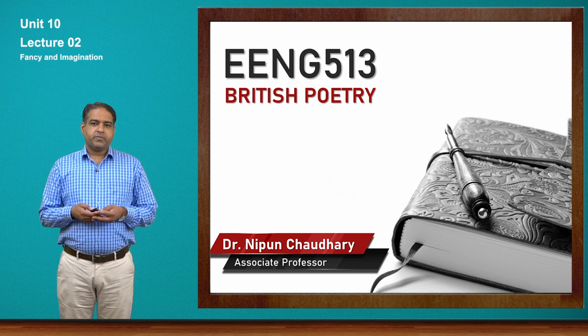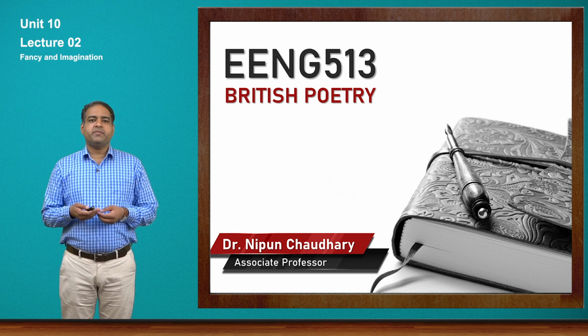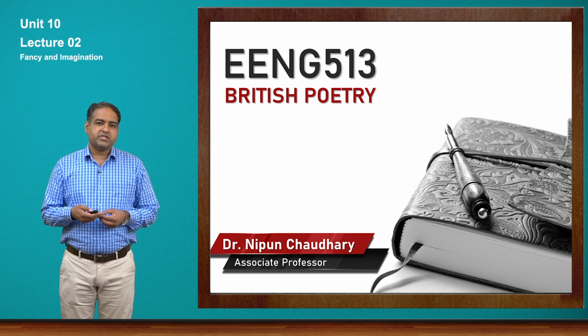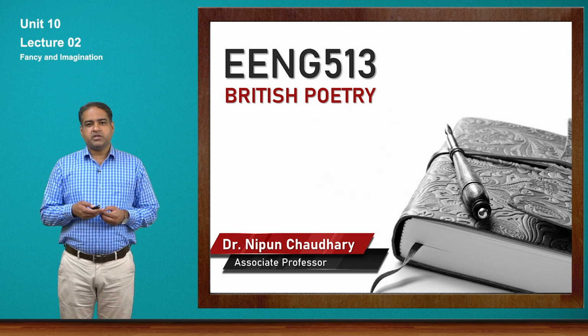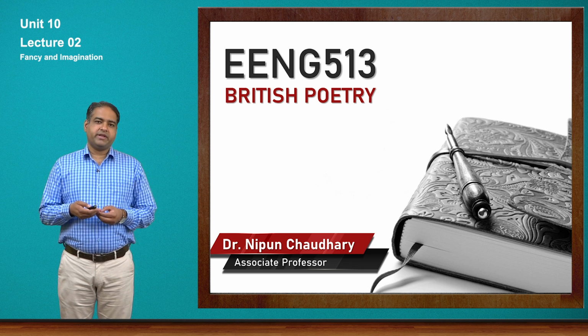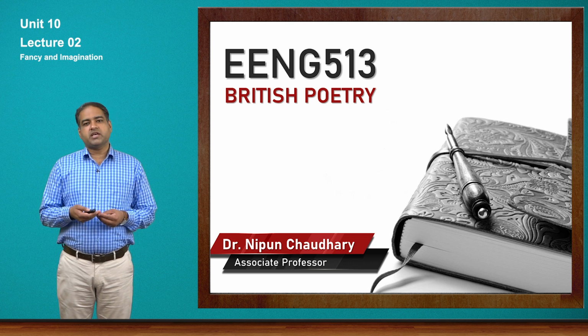Just like dissociation of sensibility, this topic, fancy and imagination, was also discussed by Coleridge in the book Biographia Literaria, and how it is applied in Kubla Khan we are going to discuss in this lecture.